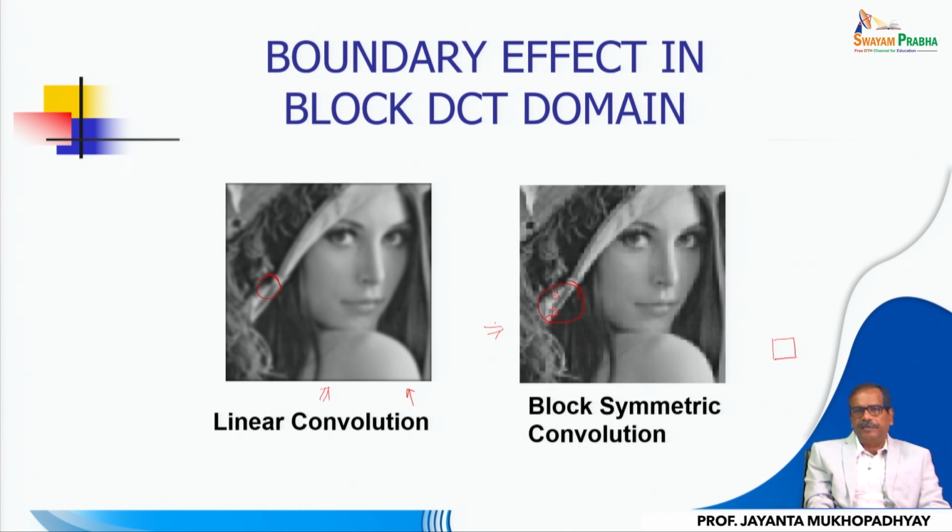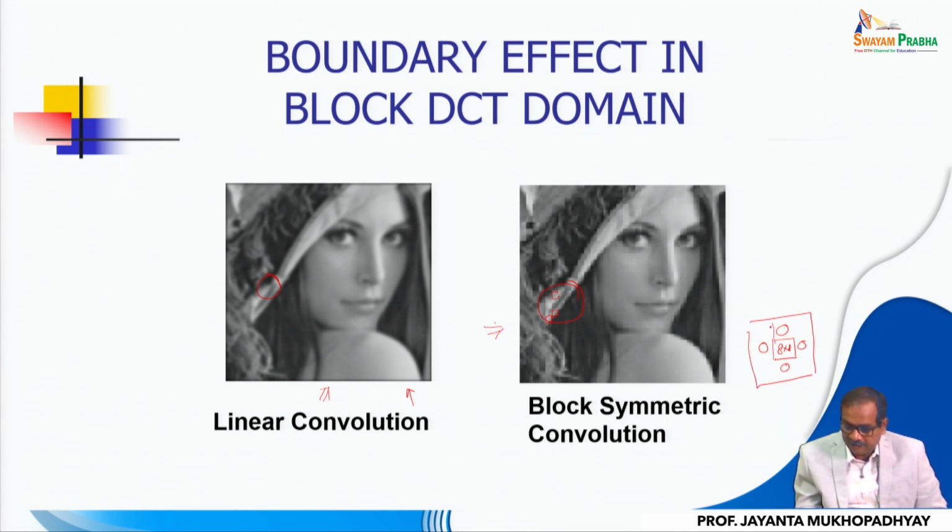It happens because of two factors. One is that the filter response is truncated, but the major factor is that, since you are simply applying on a small 8x8 block, the outside is considered as 0. Though in the original image there is neighboring information, and that is accounted for in filtering in the linear convolution.